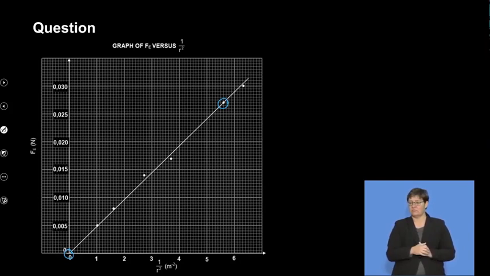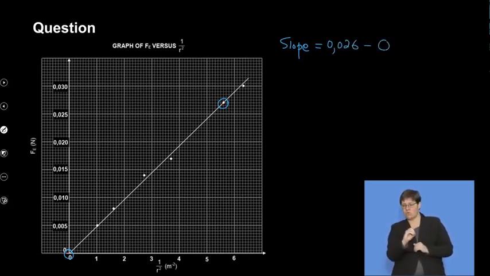So the gradient or the slope in this case is going to be equal to the change in y, in this case 0,026, minus 0, which speaks to the origin, divided by the change in the reciprocal of the square of the distance, which is, in this case, 5.6, minus 0.